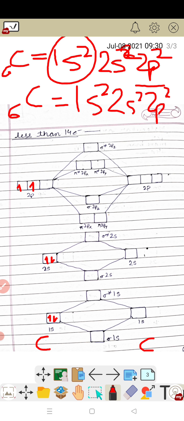The electrons in 2p are filled according to Hund's, Pauli and Aufbau principles. Here we can see 1s2 and 2s2, overall 4 electrons. So this is a bonding 1s orbital.